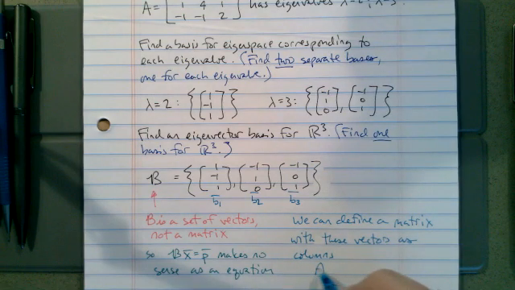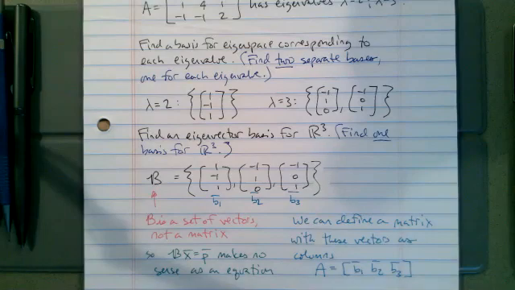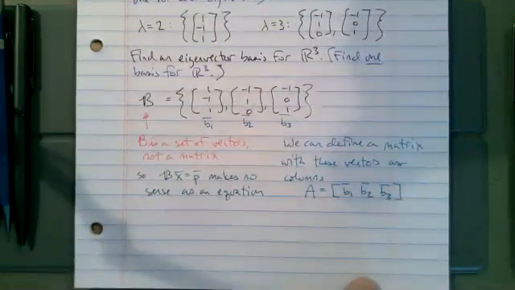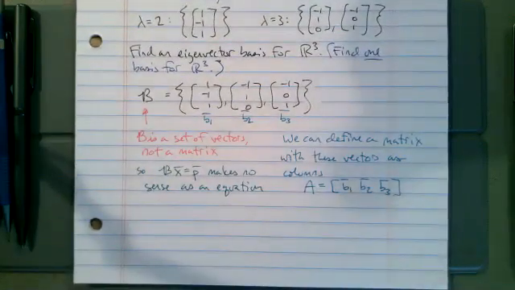So I could say the matrix A is B1, B2, and B3. Once we define a matrix using this set of vectors, now I can write the equation AX equals P. That makes sense because A is now a matrix, but I had to write that down. Any questions?